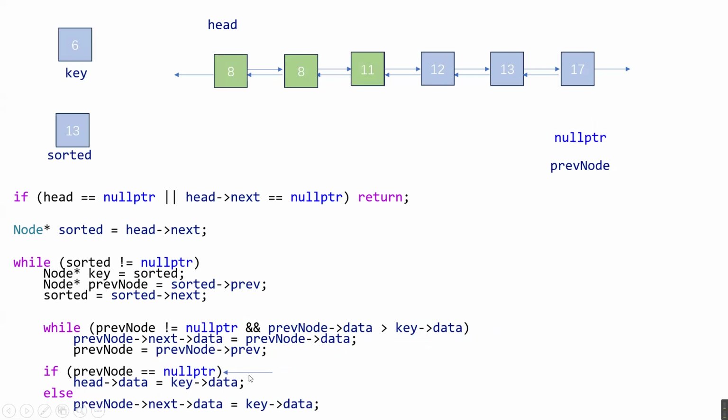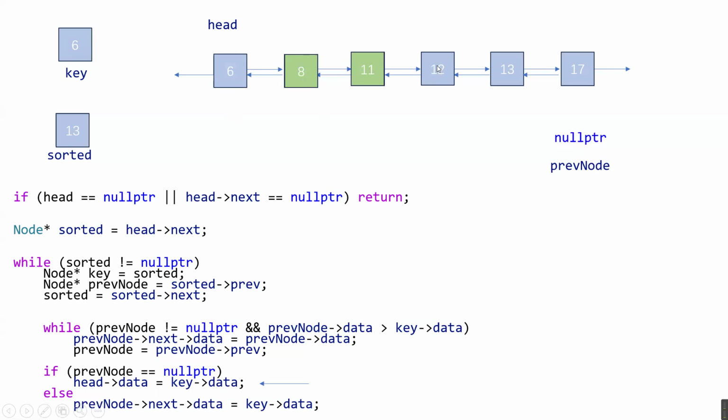So we will just skip the while loop and go to this line. Previous is equal to a null pointer, so we just need to use a head insertion to insert the key. The head's data will become the key's data. Just insert it here. So in this process, what do we do? Just compare the 6 from the last one to the first one.